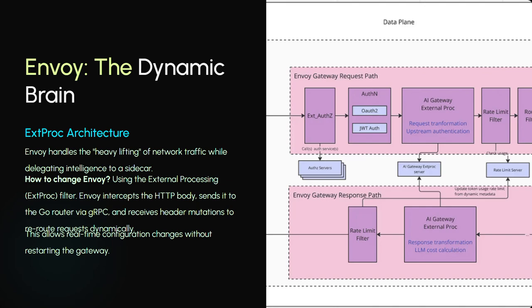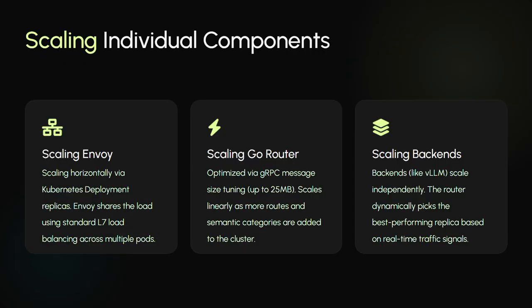So the main abstraction here was the external processor, and it is in gRPC. The communication between the external service and the Envoy proxy is in gRPC so that the JSON overhead is not there. So this is at a high level how the request flow goes through and how it's being written. Here are a few new concepts to me also.